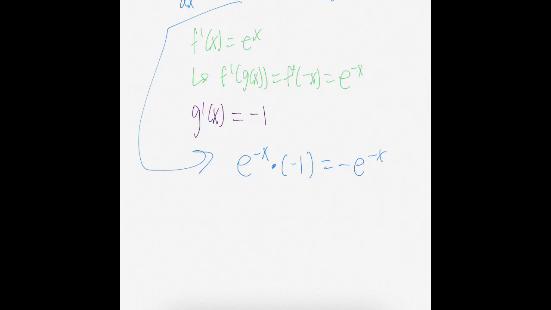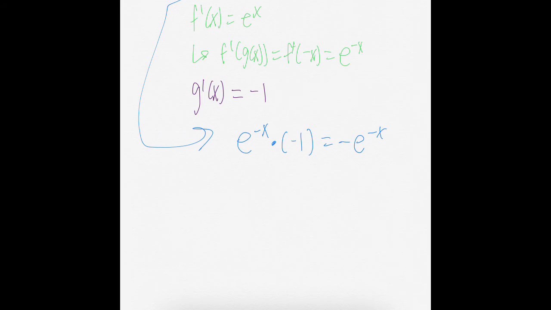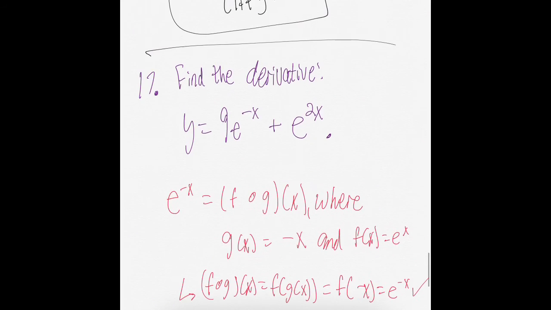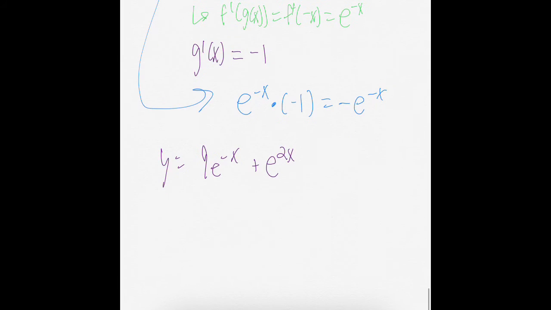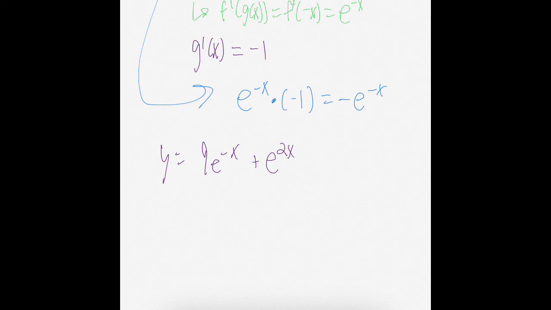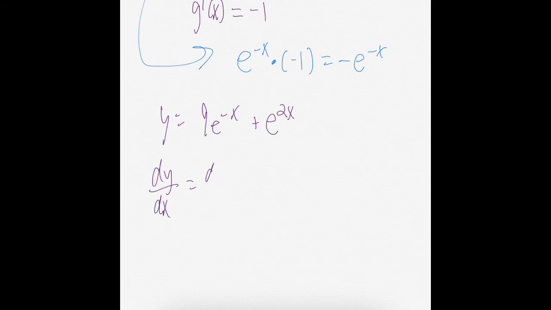Okay, so if we go back to our original, let me go ahead and rewrite it. We had y equals 9e to the minus x plus e to the 2x. Well, for the derivative of y with respect to x, first of all, let's go ahead and break this up. I'm going to be very deliberate with all the rules here.